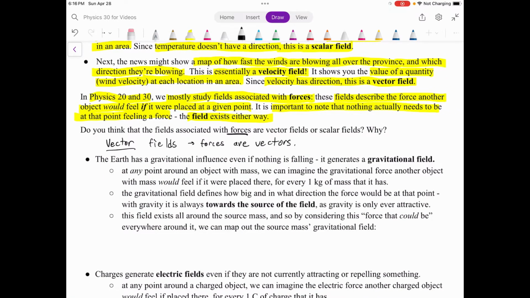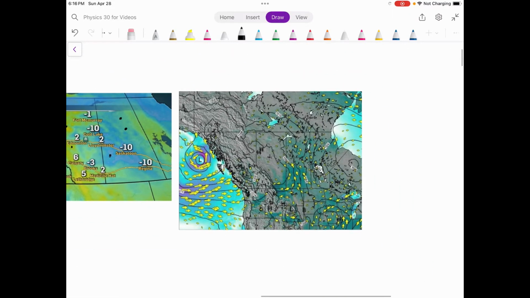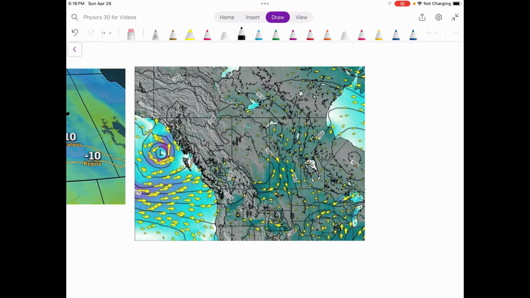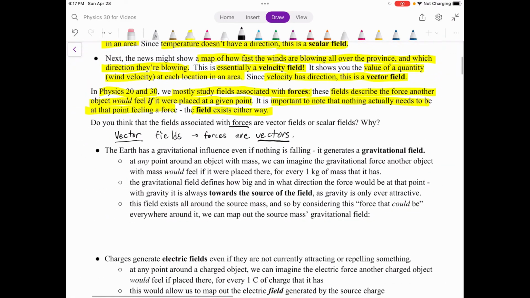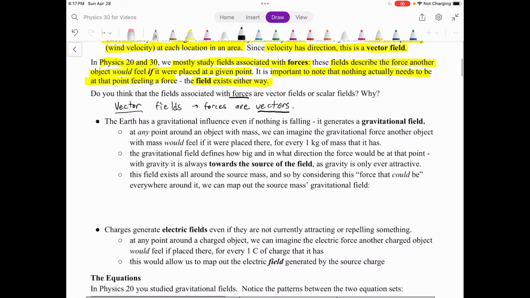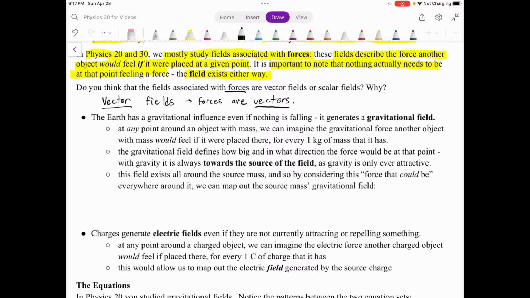Because they're describing how a vector looks in certain areas, or I guess how that force would look if there was an object actually placed there to feel it. The same way this is a vector field because it's telling us about what the velocity vector would look like at different places. These force fields, gravitational fields or electric fields, are vector fields because they're telling us about what the force would be like if you were there or if an object were there.